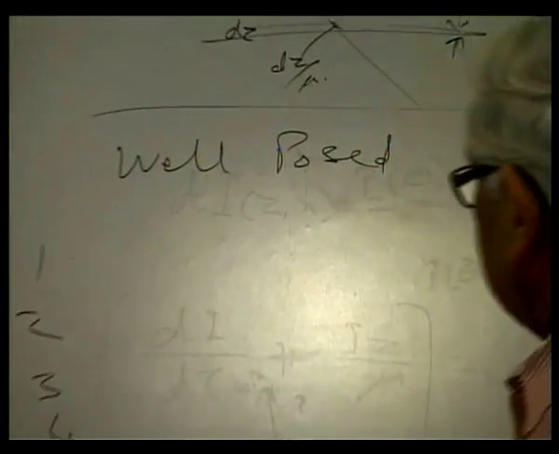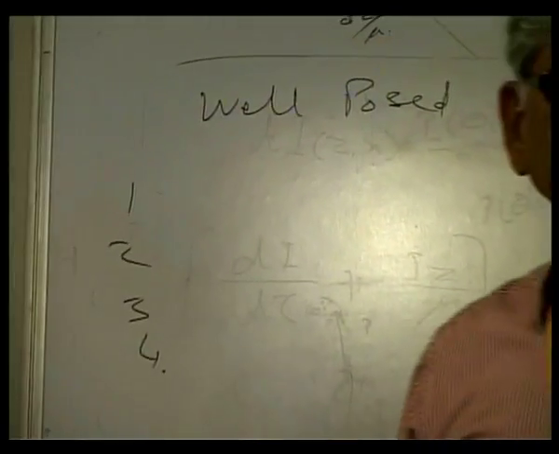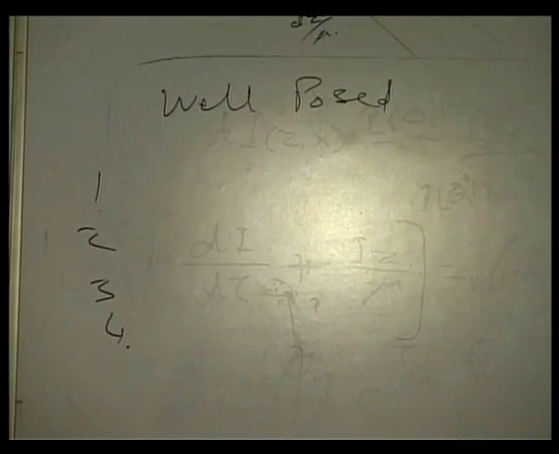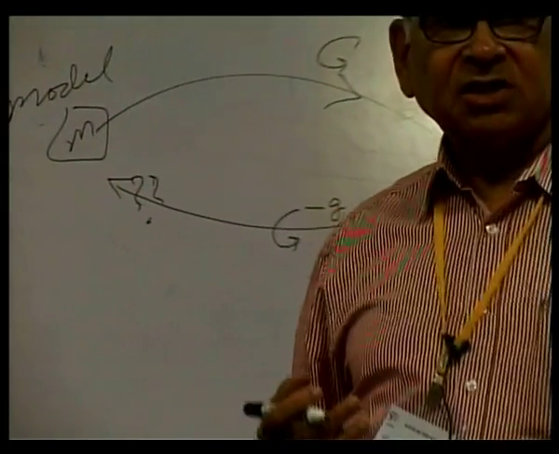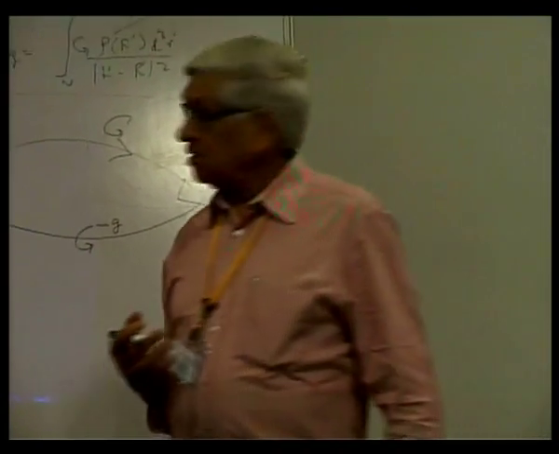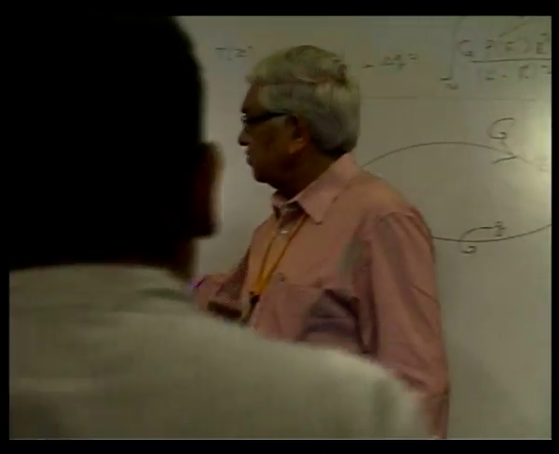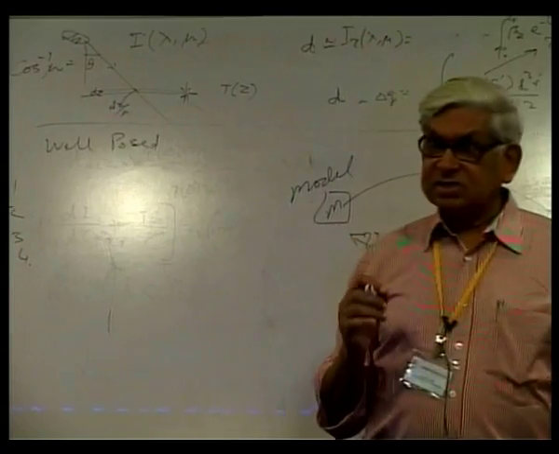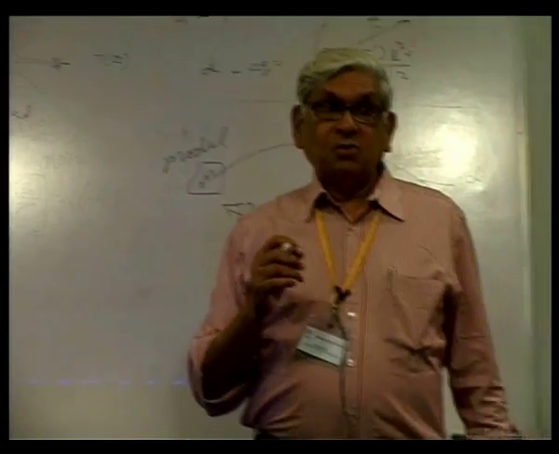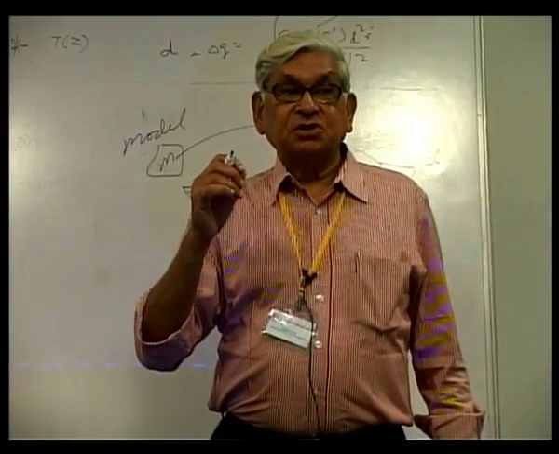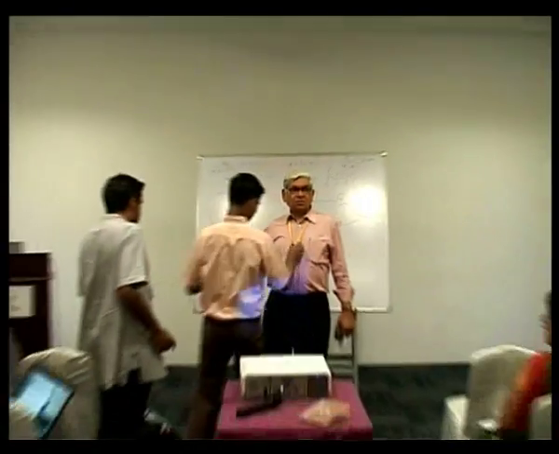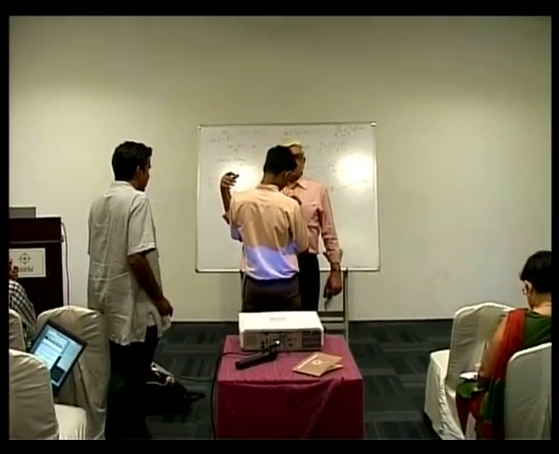The second is, is the solution unique? So we'll take examples here and see as to whether the solution of the inverse problem is unique or not. And it turns out that in most cases it is not unique. The third condition is of stability, which means that if the initial conditions are slightly perturbed, would the final solution also perturb slightly, or would it diverge very substantially?